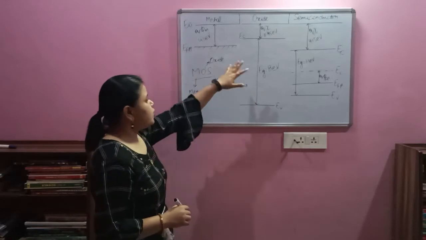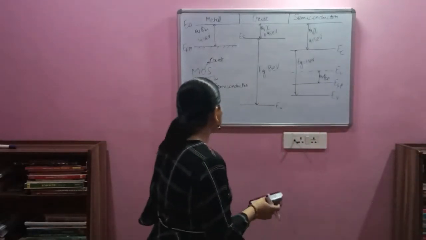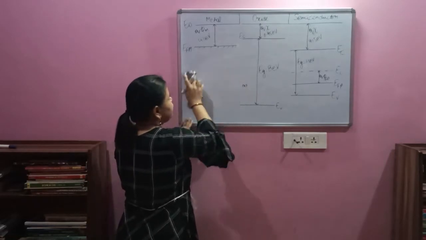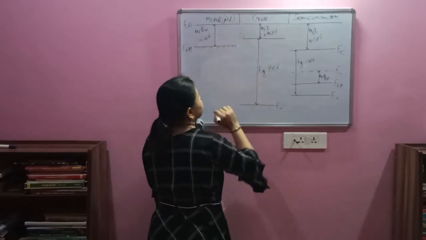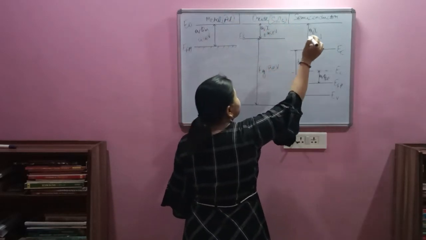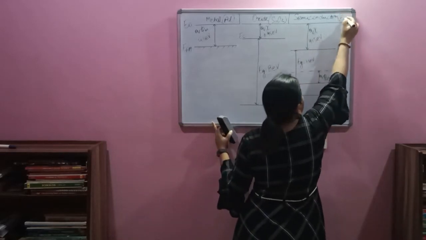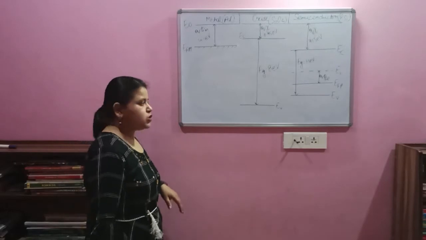Now when we are talking of the band diagram of a metal, oxide and semiconductor, here I have drawn this diagram with the reference that the metal used here is aluminium, the oxide used here is silicon dioxide and the semiconductor used here is p-type silicon. So this is how it is structured.